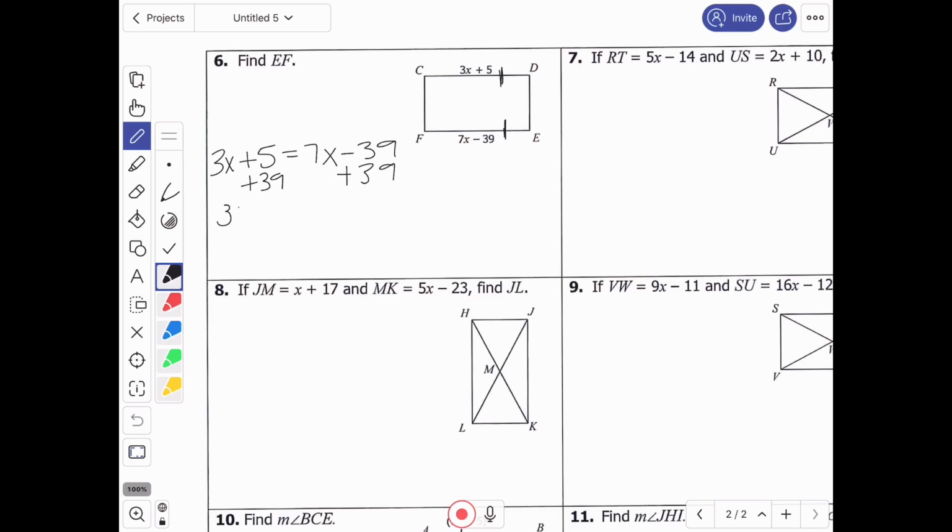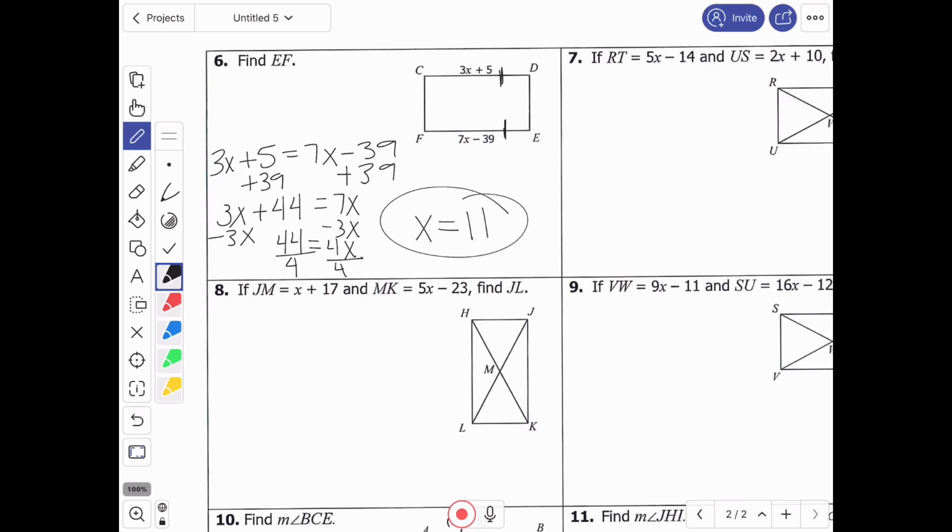You get 3x plus 44 equals 7x. Subtract 3x. 44 equals 4x. I'm running out of room. Divide by 4, and x equals 11. That's probably one that you guys probably could have done on your own.